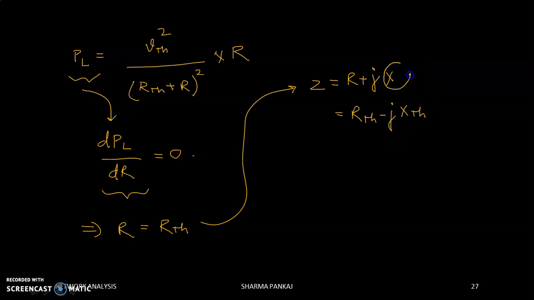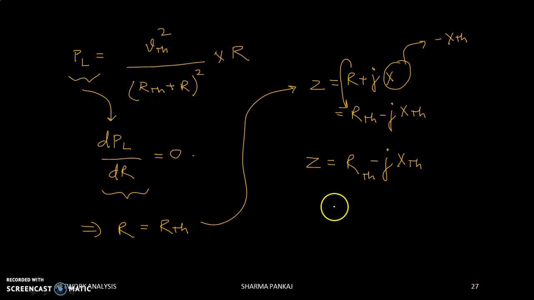We have chosen X is equal to minus XTH just to maximize the PL, and the value of R we have received is RTH. It means Z is coming RTH minus JXTH.